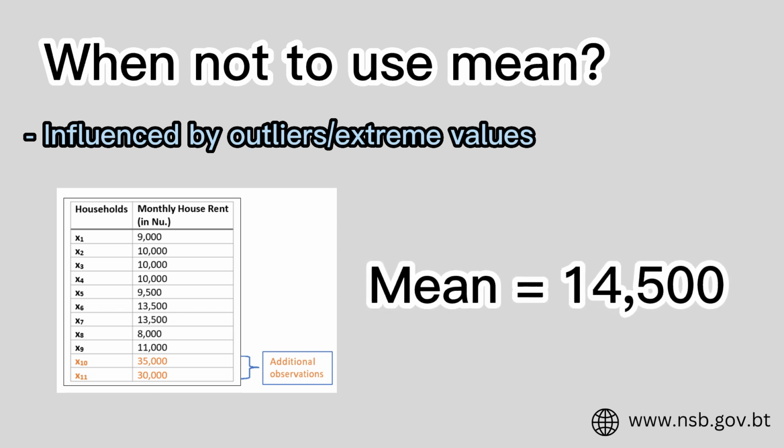However, exploring the raw data set, mean might not be the best measure to accurately reflect the typical monthly house rent of a household, as most of them are paying 8,000 to 13,500. This shows that the mean is being influenced by the 2 large monthly house rents. Therefore, in this situation, a better measure of central tendency would be median.